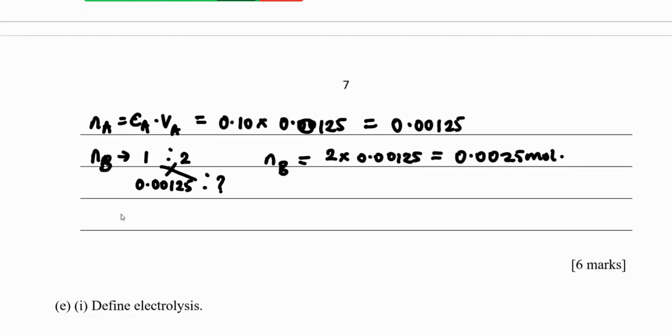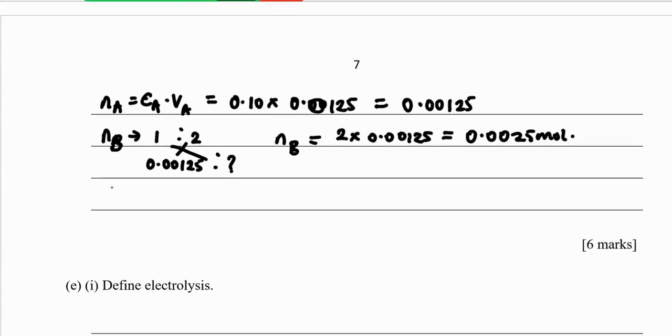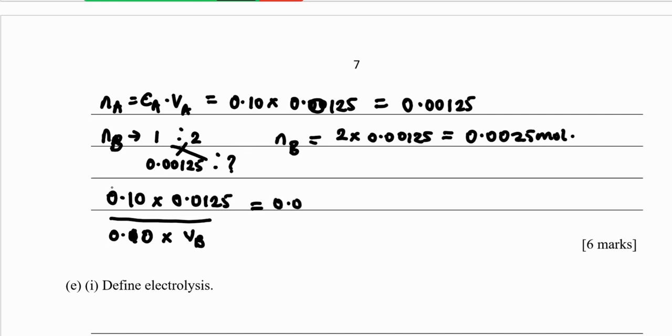Now we can find our volume, which is what the question asked us initially. Fixing it into the general formula we had here, we would have Ca, which is concentration of acid, 0.10, times volume of acid, 0.00125, divided by concentration of base, 0.10, times volume of base, VB, which we do not know, equal to number of mole of acid, 0.00125, divided by number of mole of base, which is 0.0025.